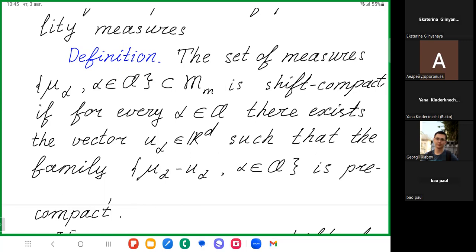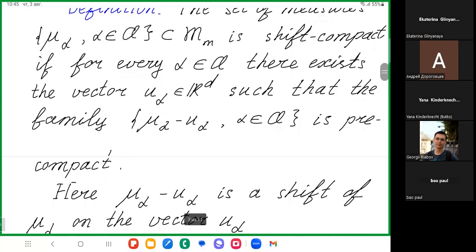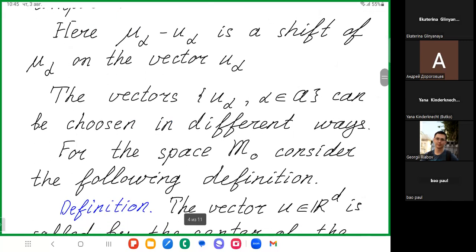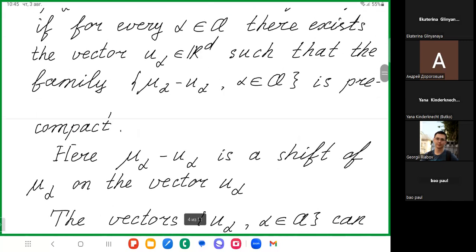So this is a simple definition, but we have to study it a little bit from a different point of view. For example, how to find this u alpha. Can you please clarify how you make a subtraction of a measure minus a vector? You mean delta measure?